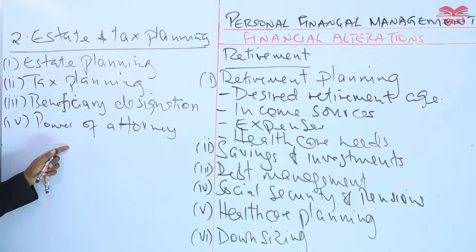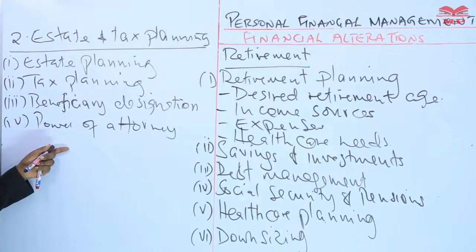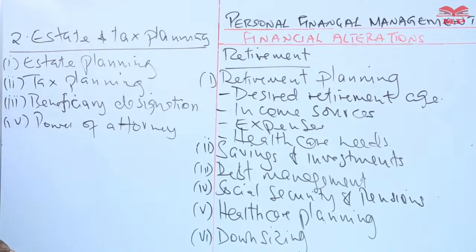So it's at that point that one may consider, well in advance, appointing an attorney who can handle one's financial affairs during such a trying moment or period. All right. So these are points to support estate and tax planning.